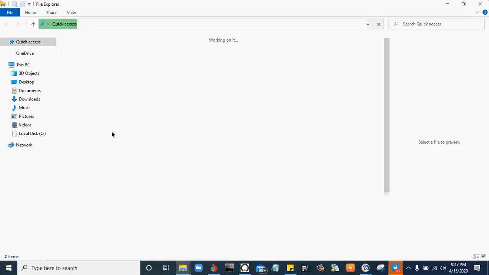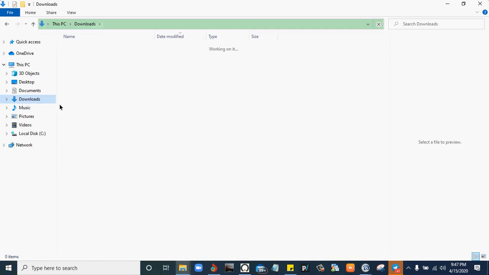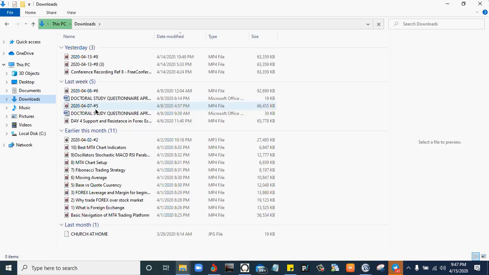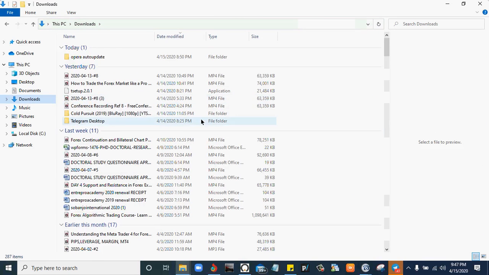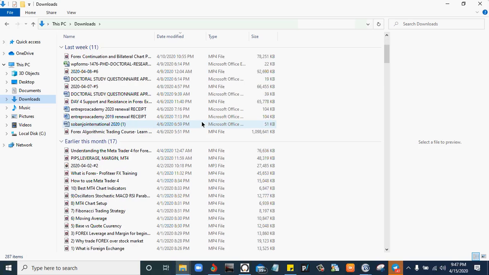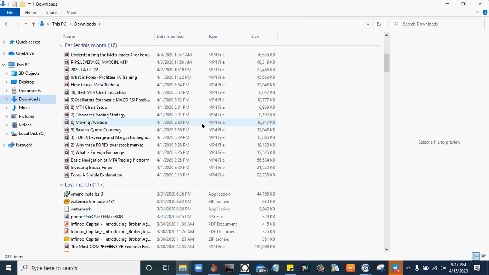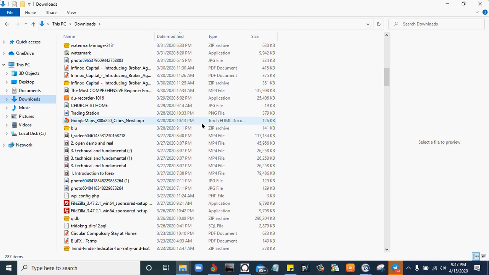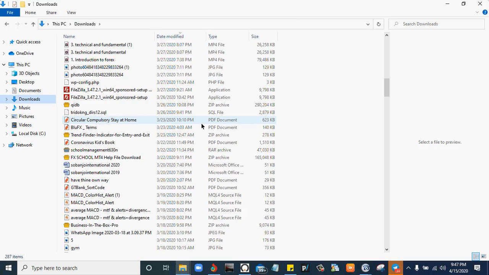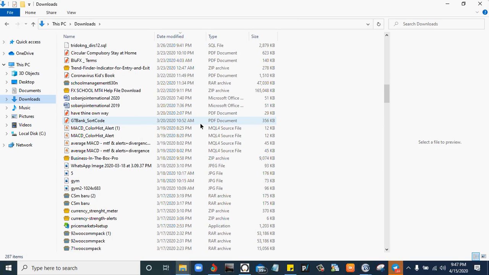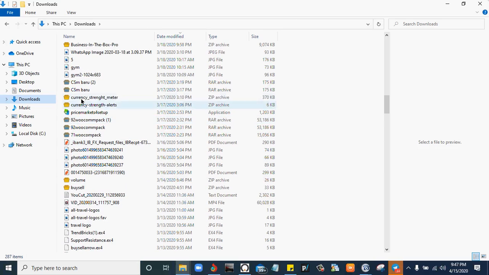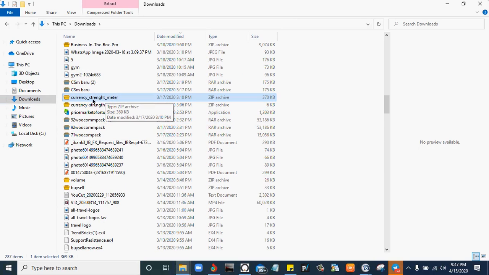Okay, let's install currency strength meter.